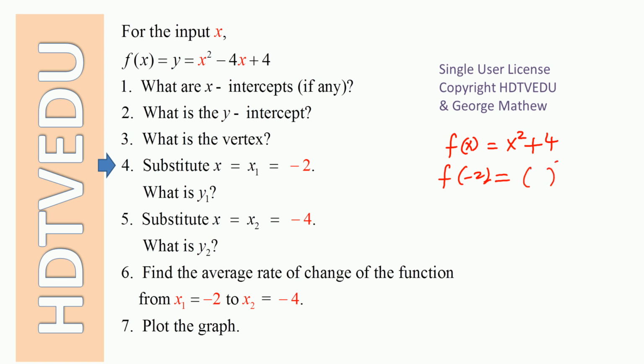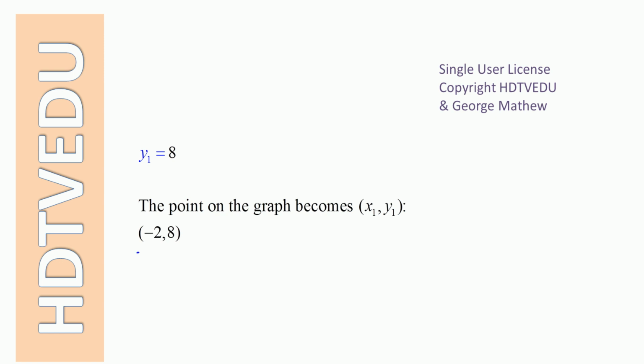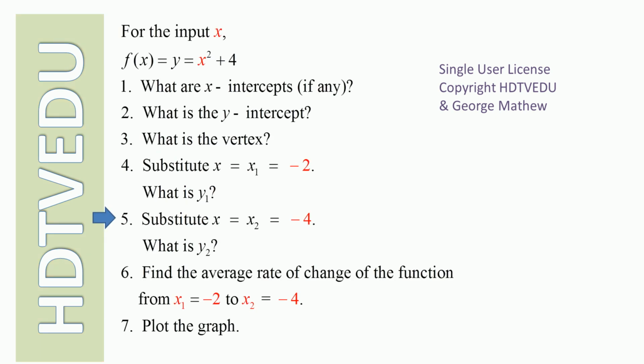So in the space occupied by x, we substitute negative 2. So what is that? 4 plus 4, and that is 8. So when x equals negative 2, y equals 8. And that is your x1, y1. That's what I did here. I get negative 2, positive 8.